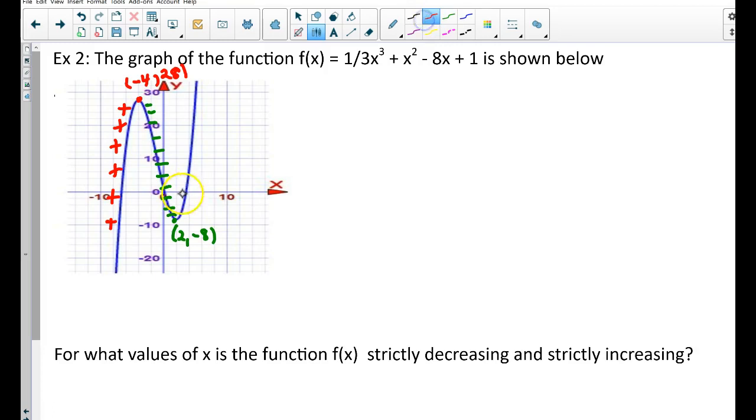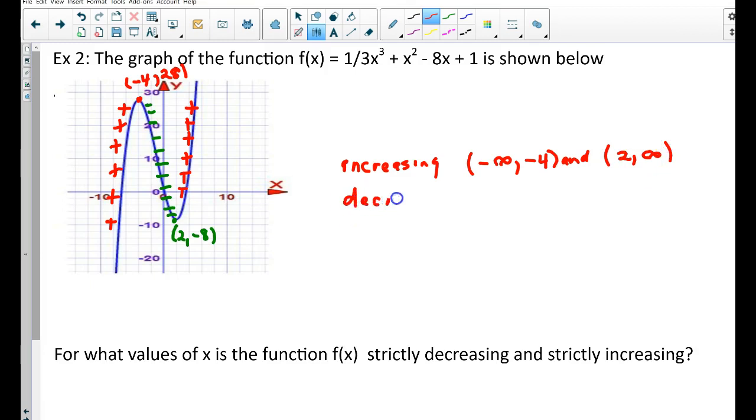And then it starts increasing again from that point. So again, the function is increasing from -infinity to -4, and from 2 to infinity, and it's decreasing from -4 until 2.